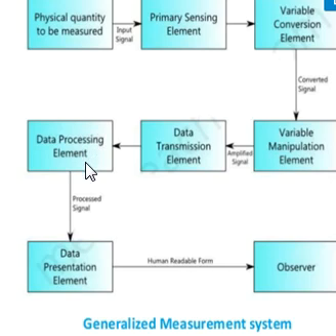The data processing element will be there in complicated measurement systems, so that the data can be processed, and the processed signal will be transported to the data presentation element. The data presentation element is the display, or we can say the presentation of a physical quantity.